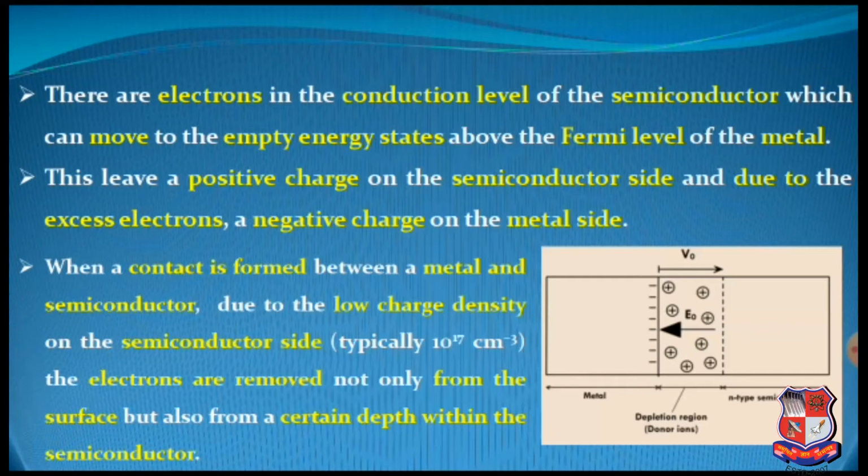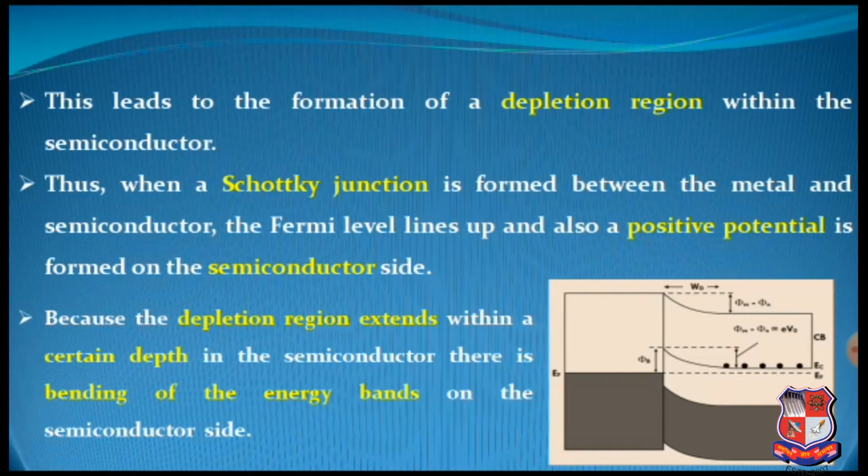Now in the next figure you will see that the conduction band of the semiconductor is slightly bent and is now in contact with the Fermi level of the metal, and hence it is in equilibrium. This leads to the formation of a depletion region in the semiconductor, not in the metal.